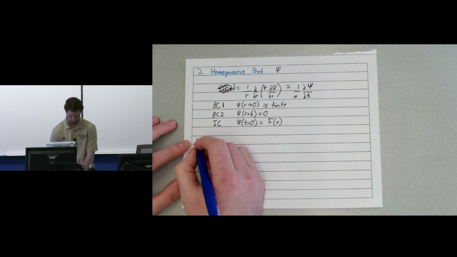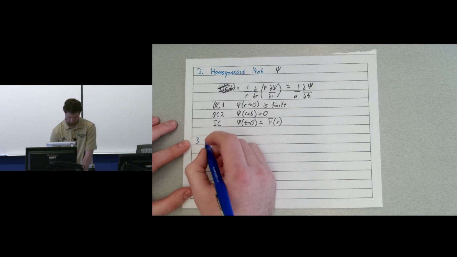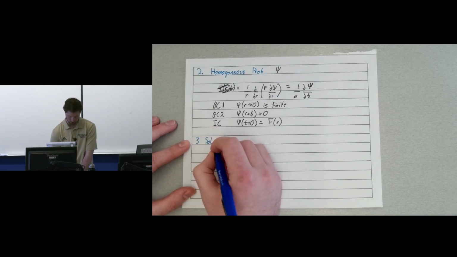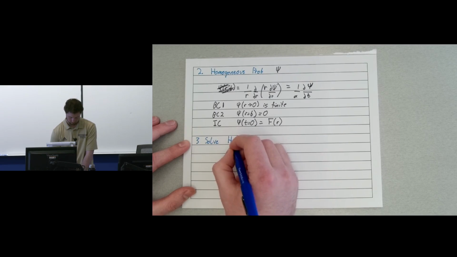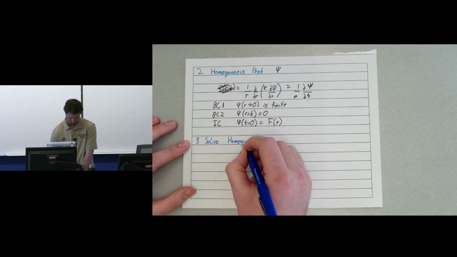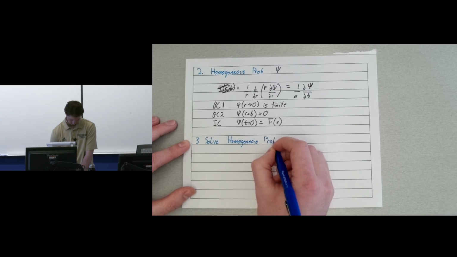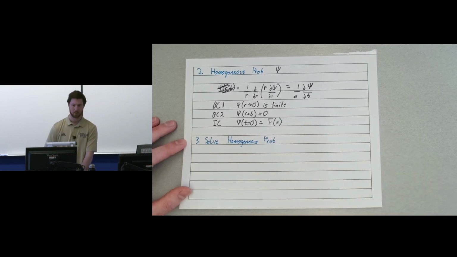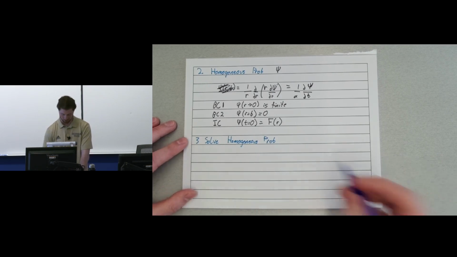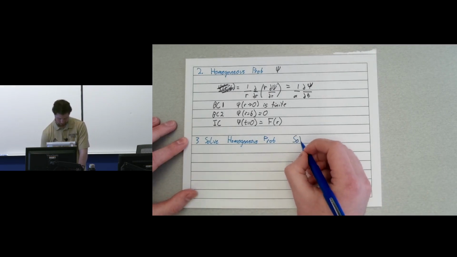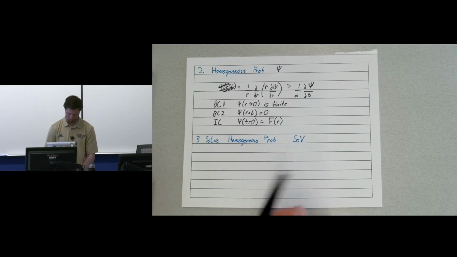Okay. Step 3, we're going to solve our homogeneous problem. And how do we solve this problem? What method do we use? Separation of variables, yes. Done it a million times before.